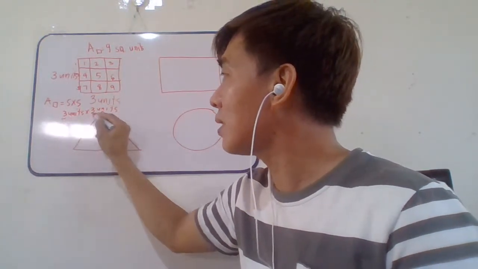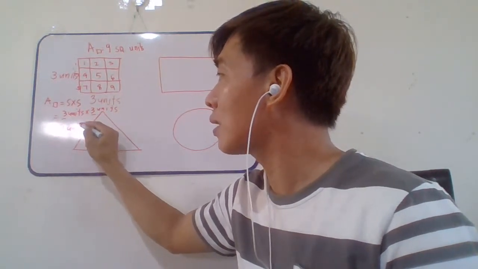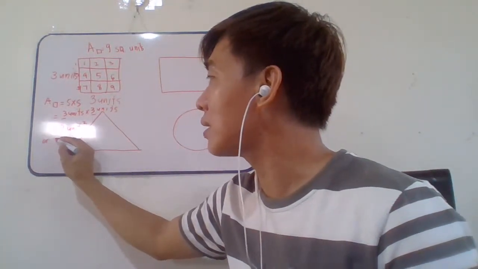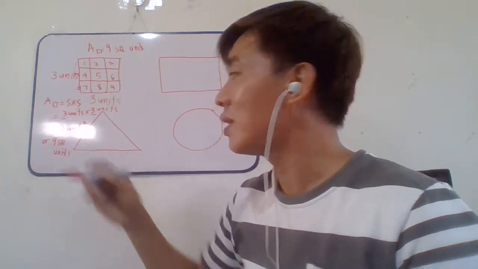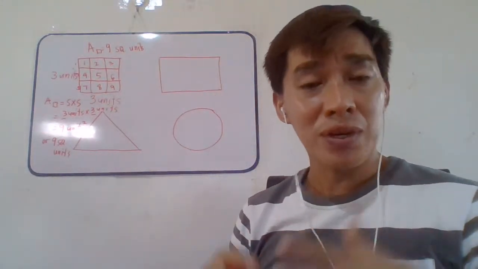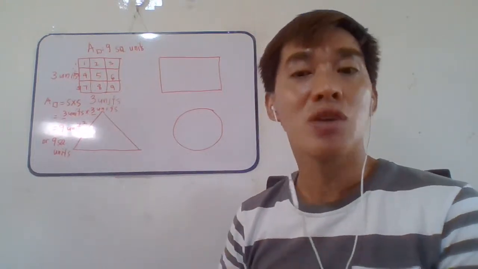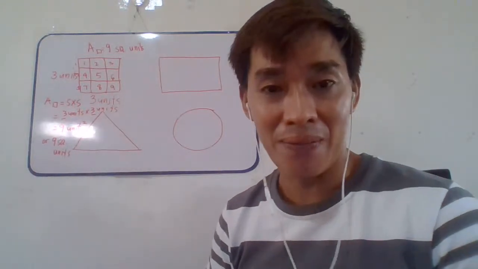That will give us 3 times 3 is equal to 9 unit squared, or 9 square units. That's still the same. So therefore, when we are getting the area of the square, we just multiply one side by another side. That will give you the area of the square.